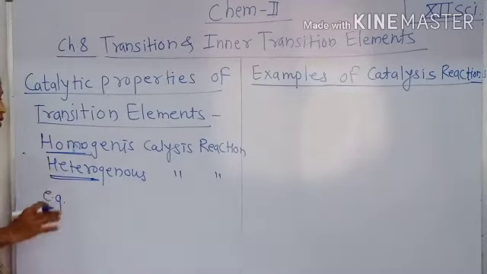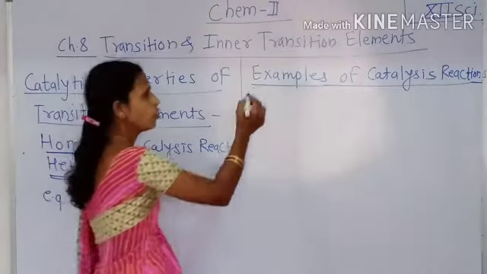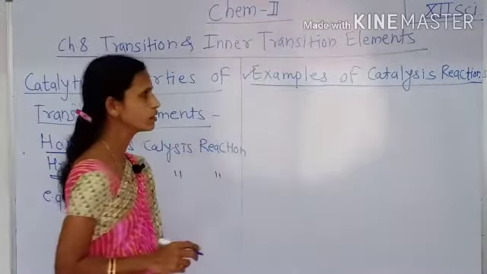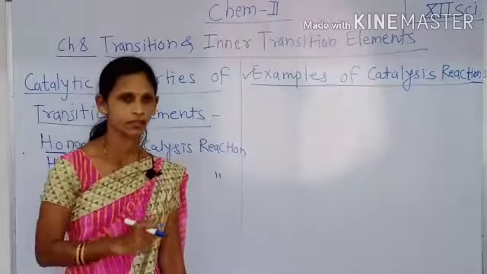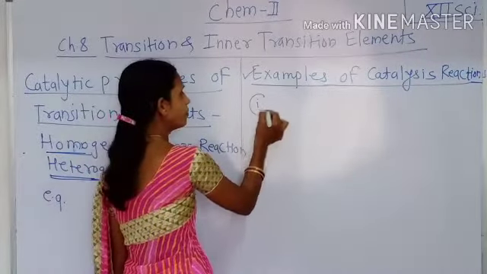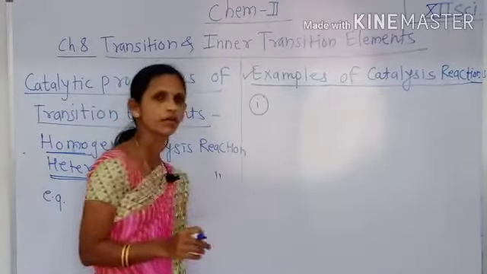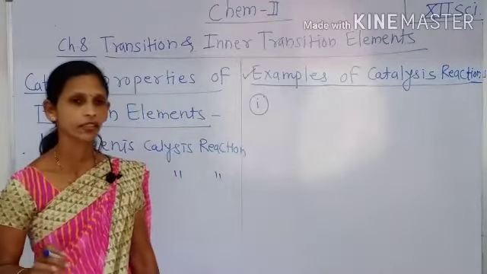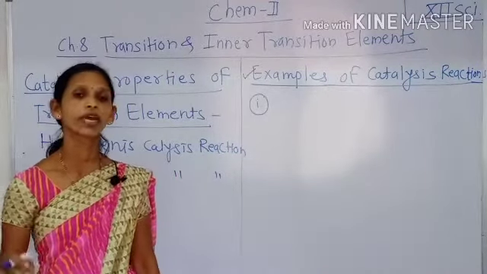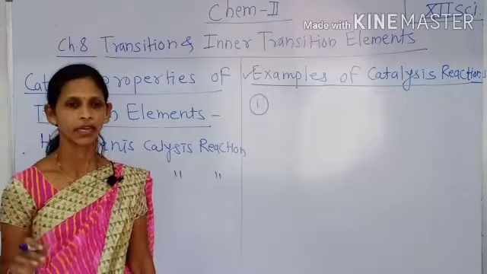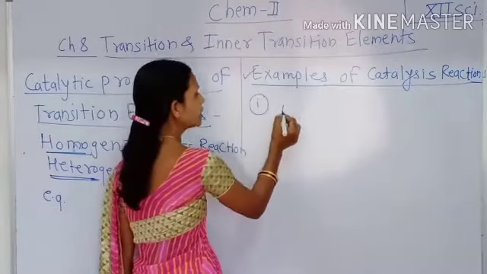Then we will see a few more examples of catalytic reactions. First, the example of a catalytic reaction in which transition elements or their compounds are used as a catalyst, that is KClO3.